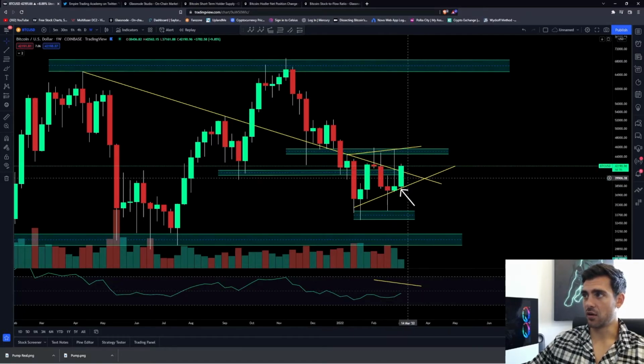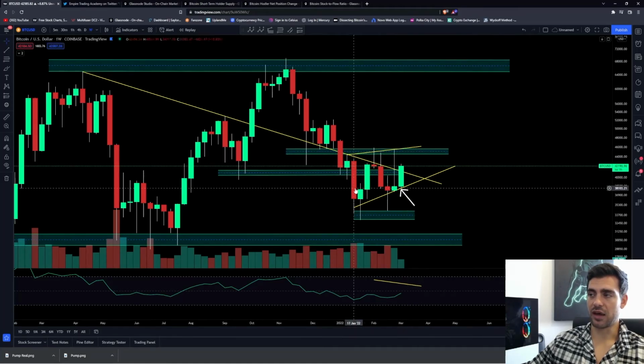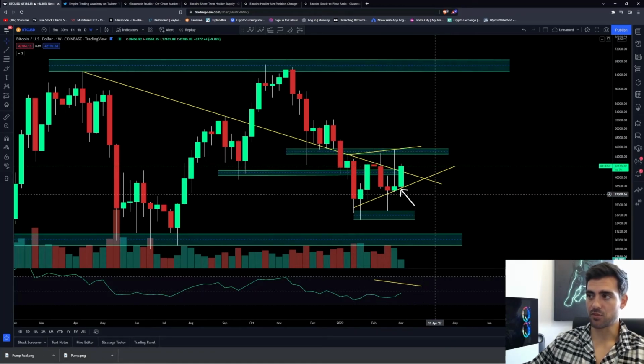Once again, we have a little bit more than 4 days left in this week. We'll see what happens. Keep in mind, we're in this bearish continuation pattern, this rising wedge, which is a bearish pattern.